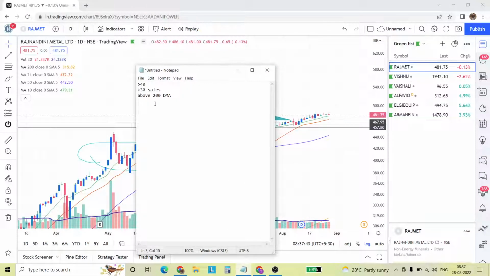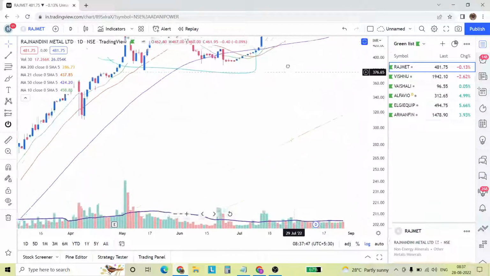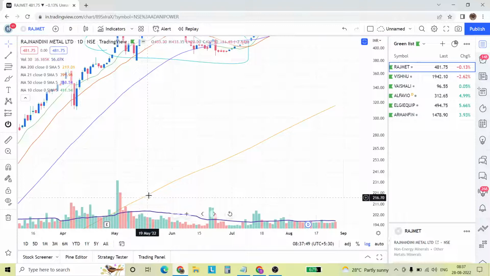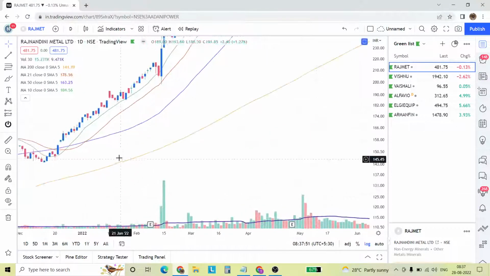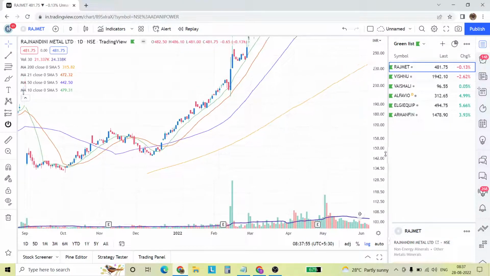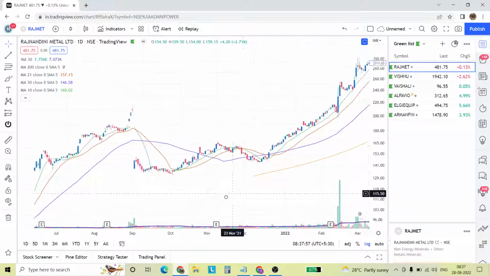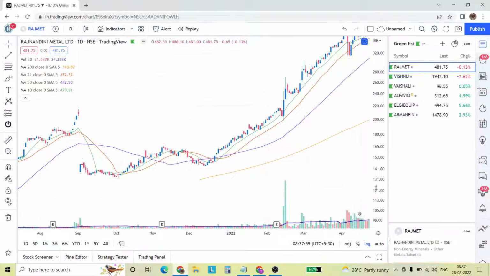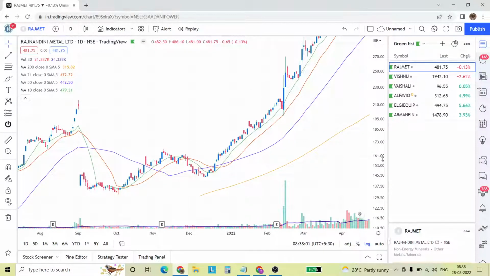Another thing is the 200-day moving average. I want the average to slope up like this. Only then would it be in stage 2, I would say. There is a concept of stage analysis by Stan Weinstein. I'd say Google it or read his book.